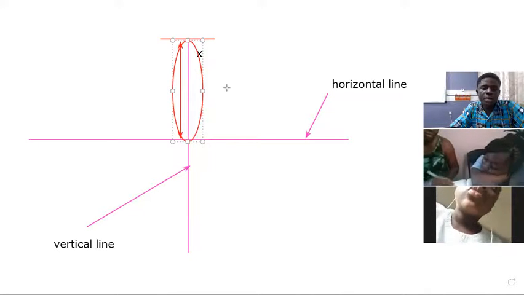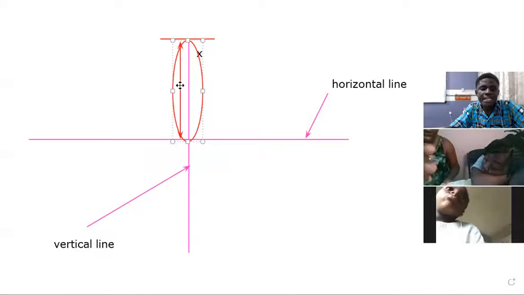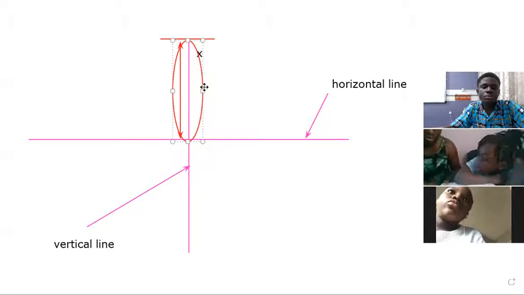I probably should change the color of the line. The violet line is the one I'm talking about, not the red arrow or the red circle, but the violet line.